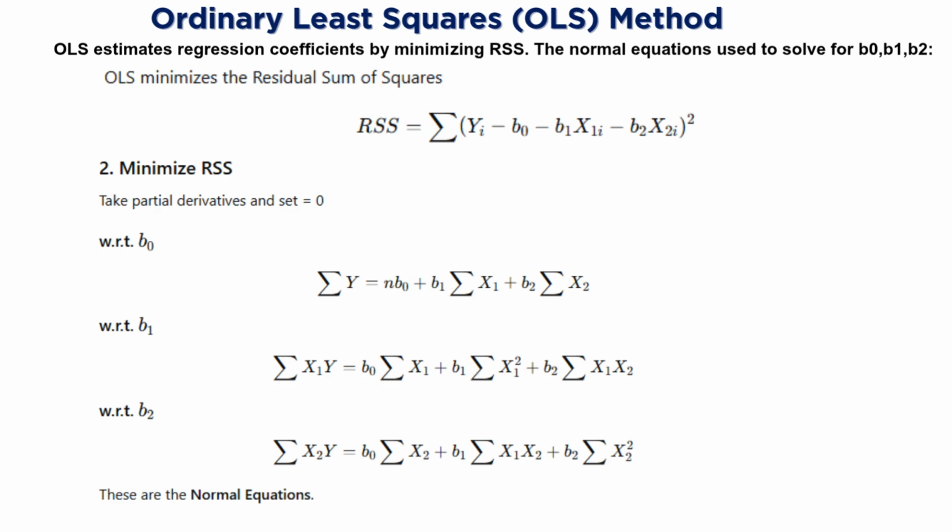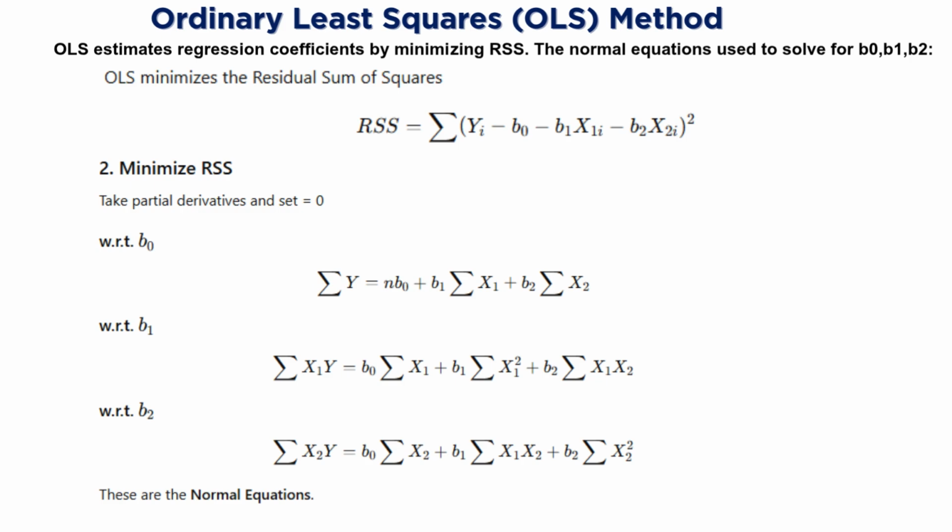OLS minimizes the RSS. RSS is equal to the summation of yi minus beta naught minus beta 1 x1i minus beta 2 x2i, whole square.